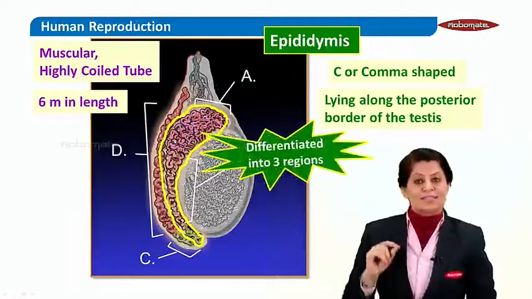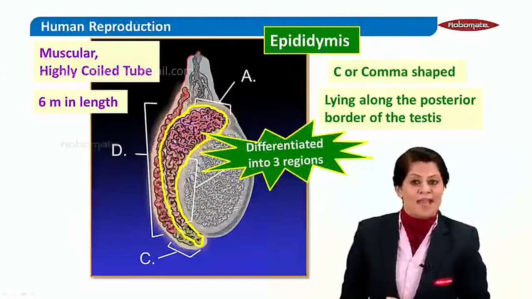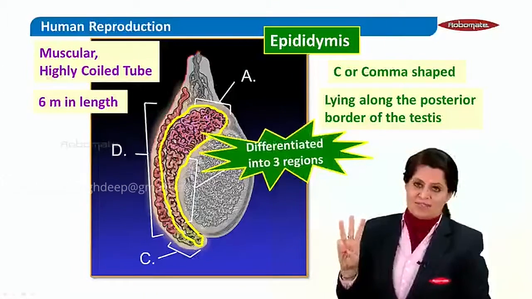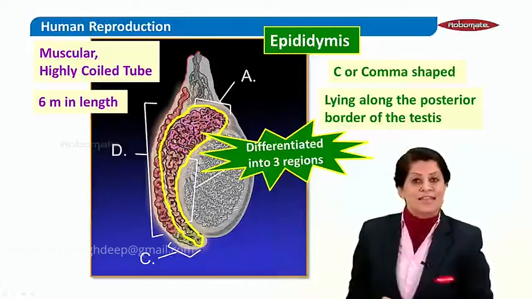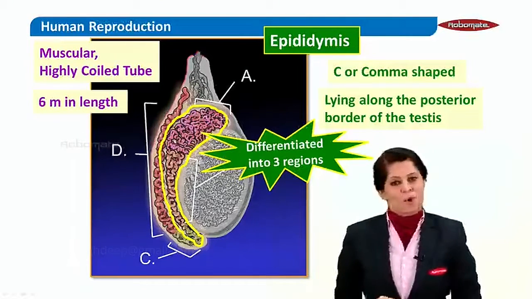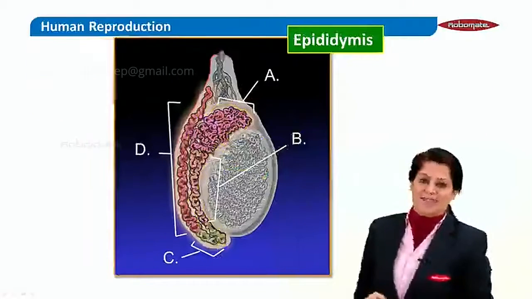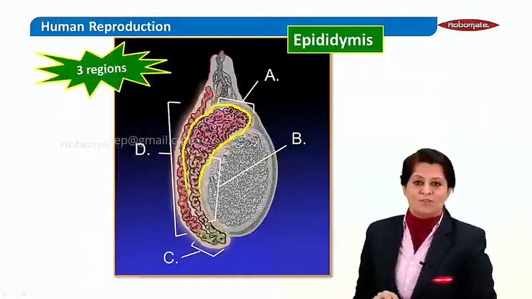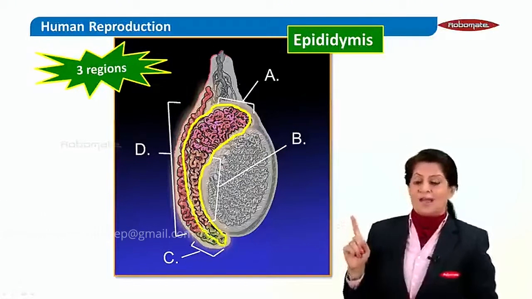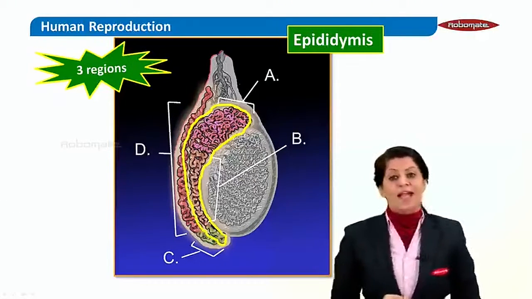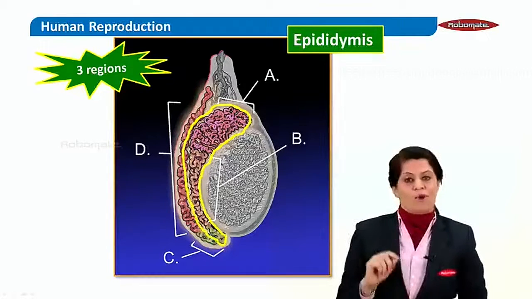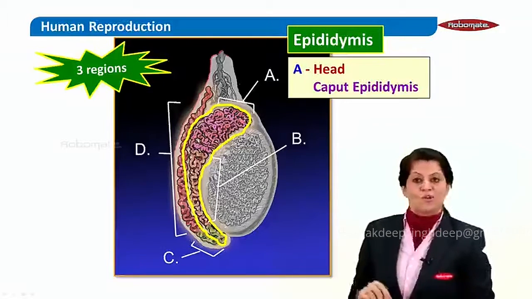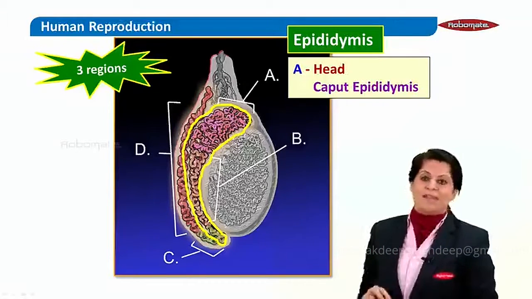Now, this structure, students, called epididymis is differentiated into 3 regions. Let's understand what are the names of those 3 regions and what exactly they are doing. Those 3 regions we're talking about, students, are here demarcated as A, B and C. A is the head region, which is also called caput epididymis.